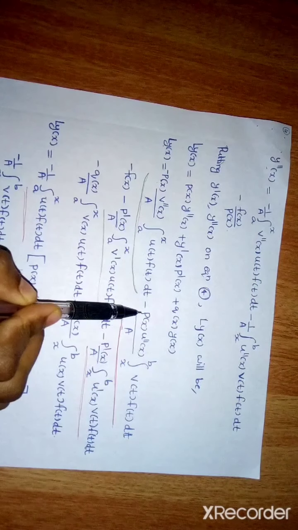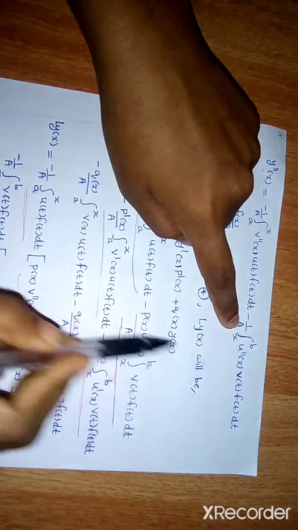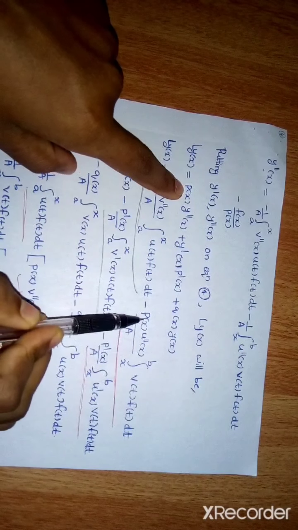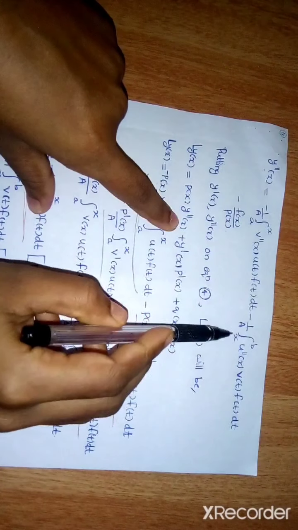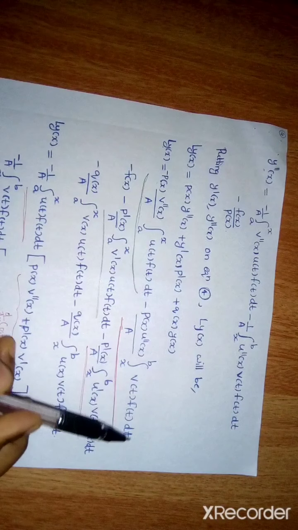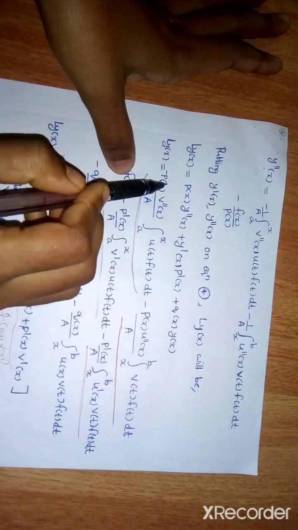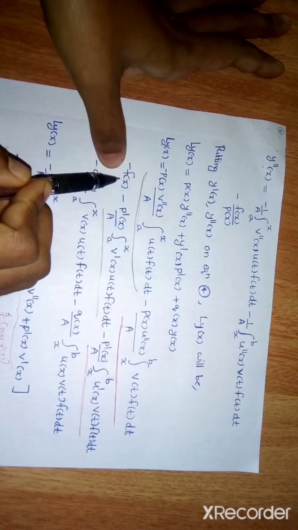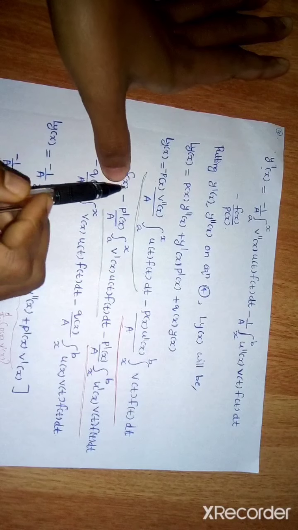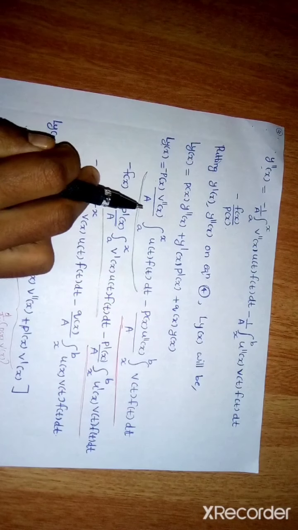Minus this term u double dash of x into the first term, v of x by a integral x to b v of t f of t dt, then minus f of x and the p of x cancel out, the remaining one is minus f of x. Then we have to put y dash of x. What was y dash of x?